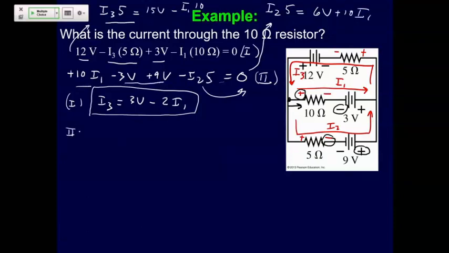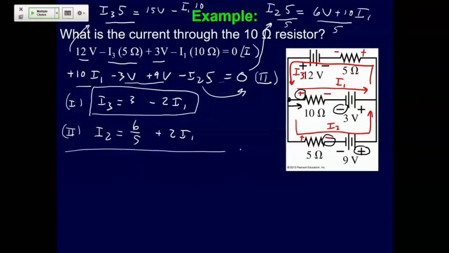If I start with my equation 2 and solve for that I2, I get something kind of funky. I get 6/5. Actually, I should be real careful. That's no longer volts, so let's get rid of that. So I get 6/5 plus 2 I1. Here I'm dividing both sides of the equation by 5. So I get this 6/5, which is not fun, but oh well, and then plus 2 I1.